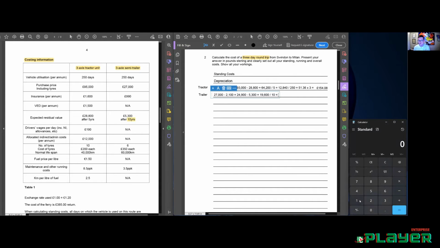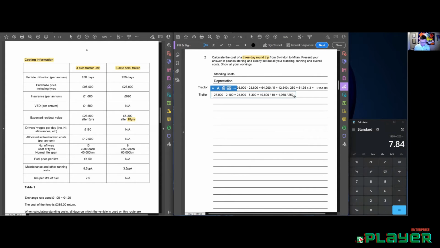So every year your trailer costs you 1,960. Then I can divide it by the days that I utilised it over, which is 250.